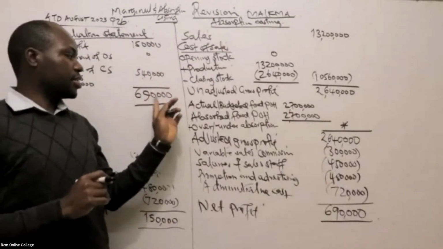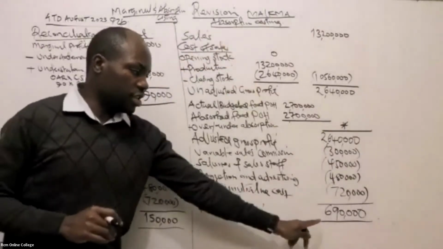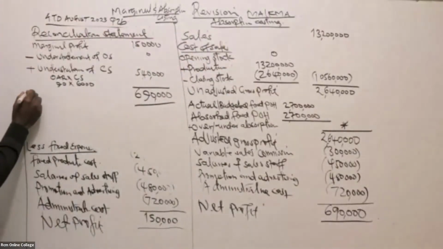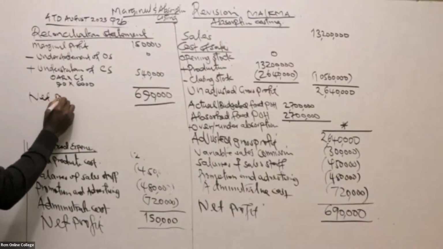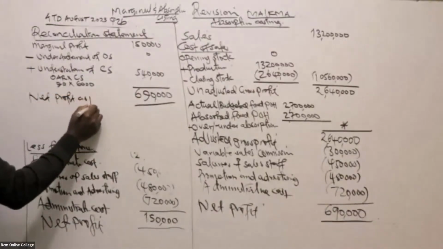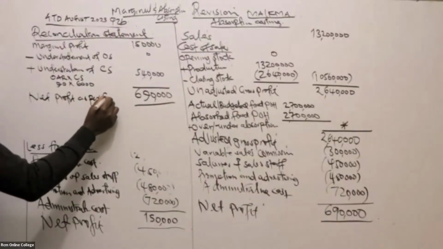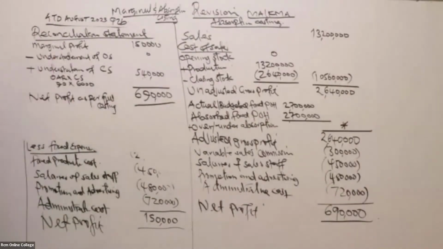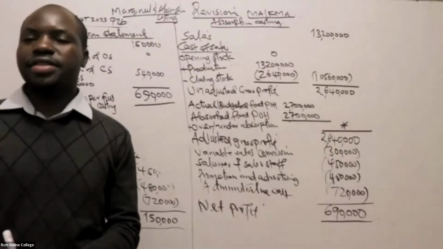Yes, the 690,000 is our net profit as per absorption costing, the full costing method. That's how you prepare a reconciliation statement.